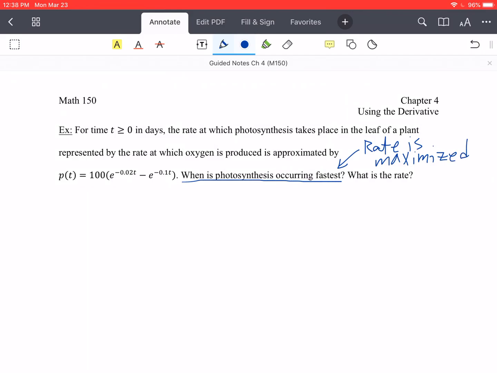That's really what this is asking for. When is that rate of photosynthesis maximized? In order to do this, we first need to find the critical points. So let's do that first.